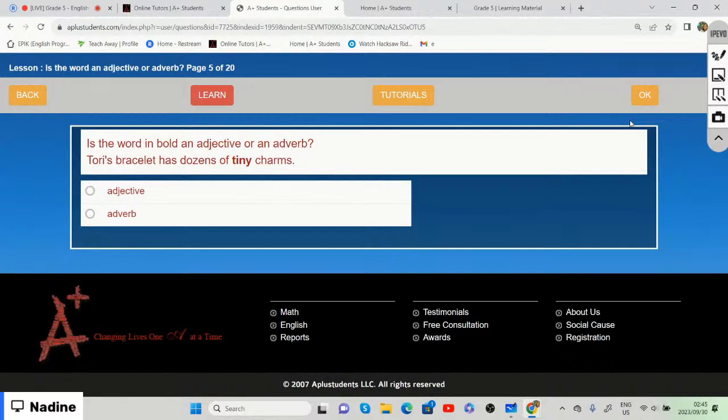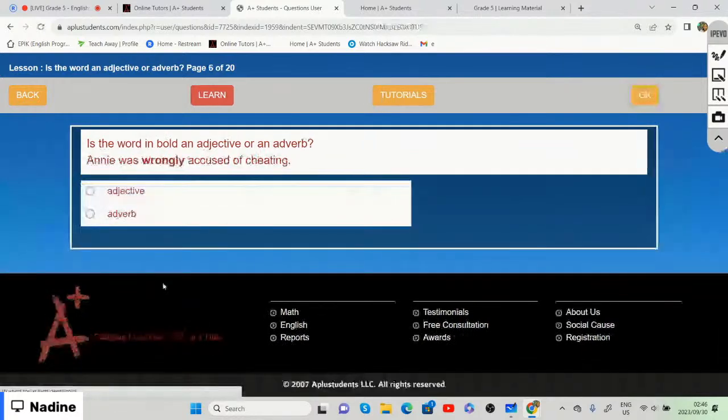So how many charms? Dozens of tiny. What kind? Tiny charms. So we can say it is an adjective. It tells us what kind of charms.